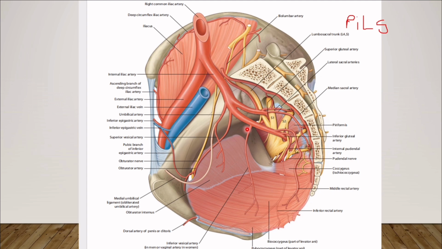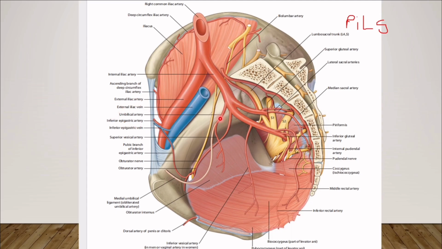Okay, now we go to the anterior division. The posterior division only gave us parietal branches. The anterior division will give us parietal and visceral branches. Okay, so the visceral branches, we have the umbilical artery.